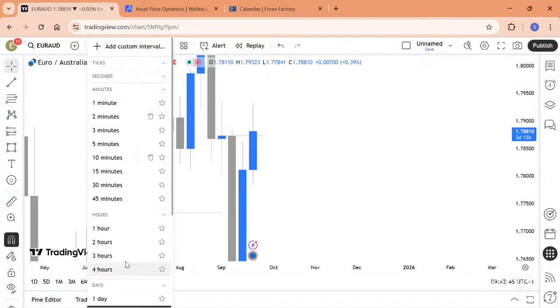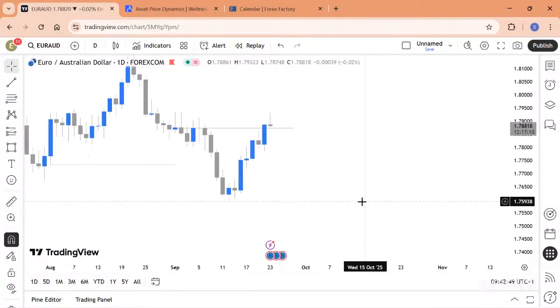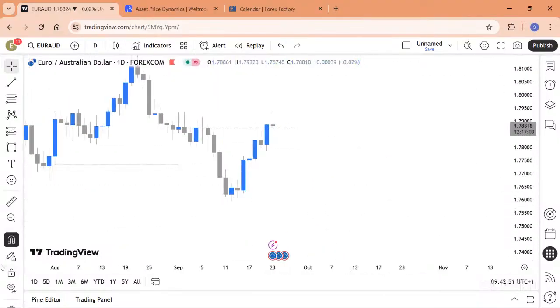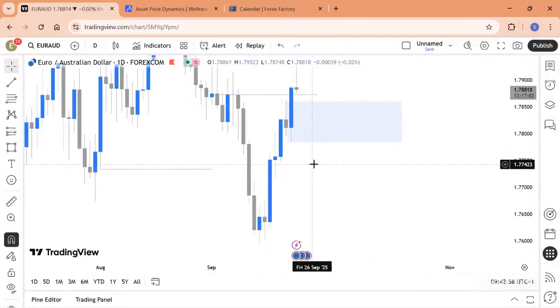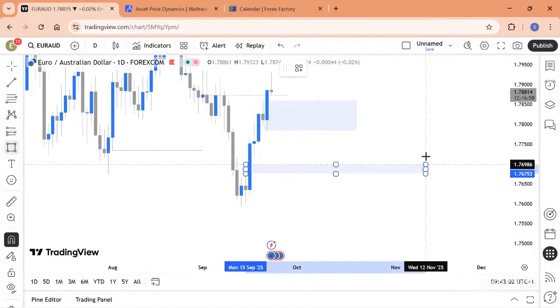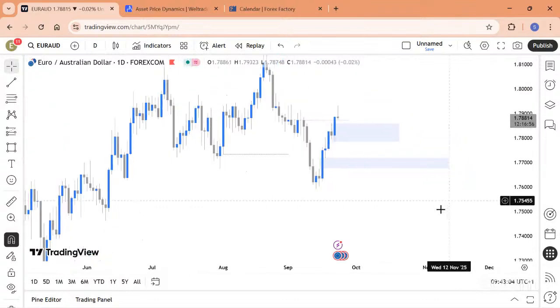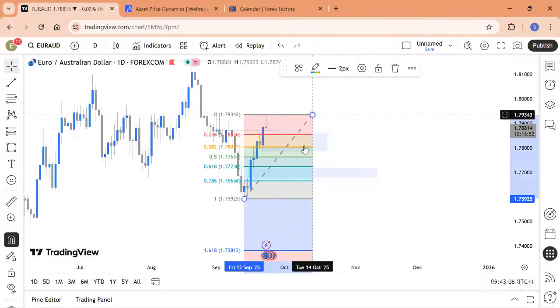Now let's imagine the week closes bullish. All we have to do is go to the daily time frame, and then this is going to be a good area to look for the first batch of buys, right? Because this is like a key level here. And then the second possible area for buys will come from this fair value gap that we are having here, and also because this is like a discounted area for price.